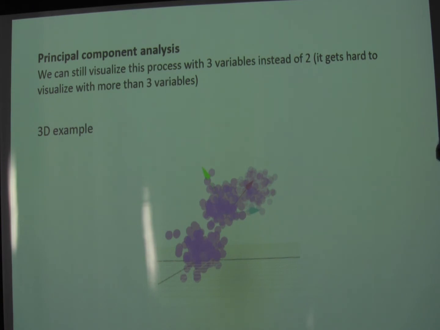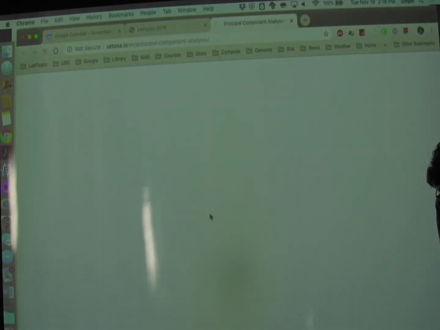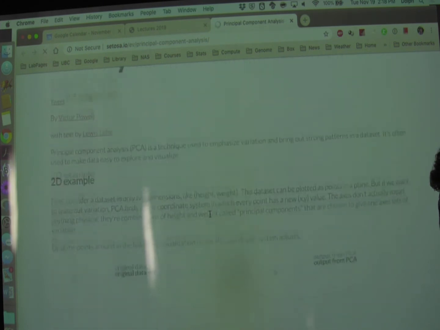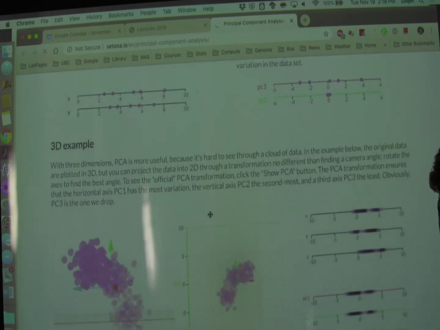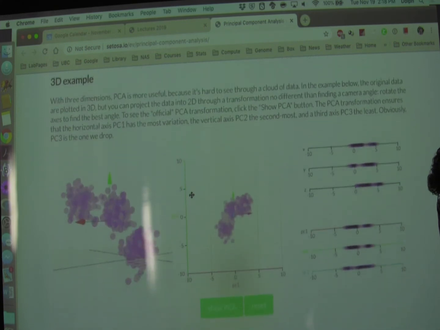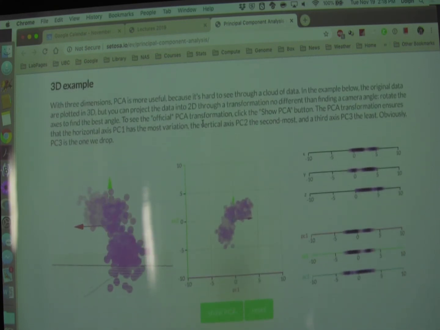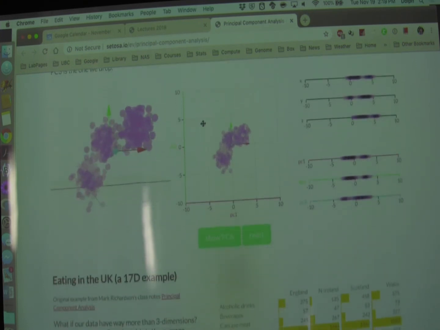Now, can we do this in 3 dimensions? Yes, we can. It's still possible with 3 traits to visualize them, because the world's made up of 3 dimensions.